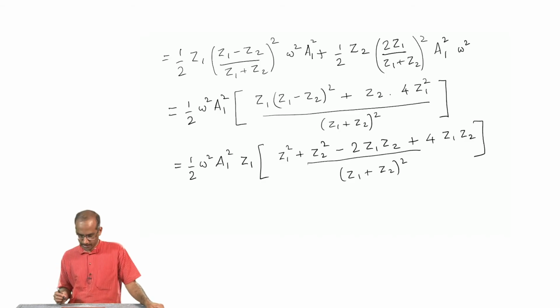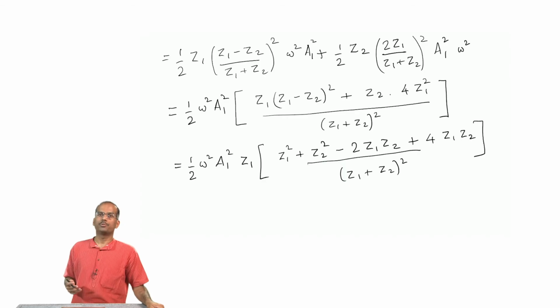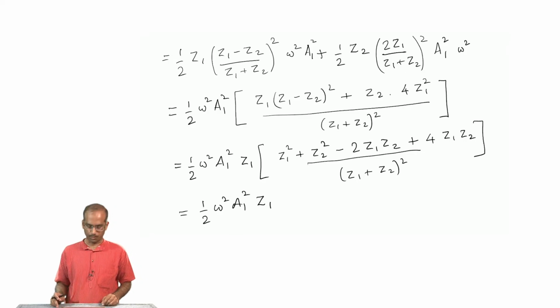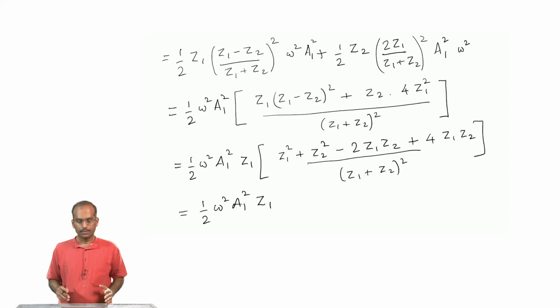Now, if you look at the numerator, this is simply Z1 square plus Z2 square plus 2 Z1 Z2, because the last terms would partially cancel. And that is simply Z1 plus Z2 whole square. So, the numerator and denominator are going to cancel out. So, it is going to finally give me just this quantity, half omega square A1 square times Z1. So, this is the energy that is expended in the transmitted and the reflected wave.